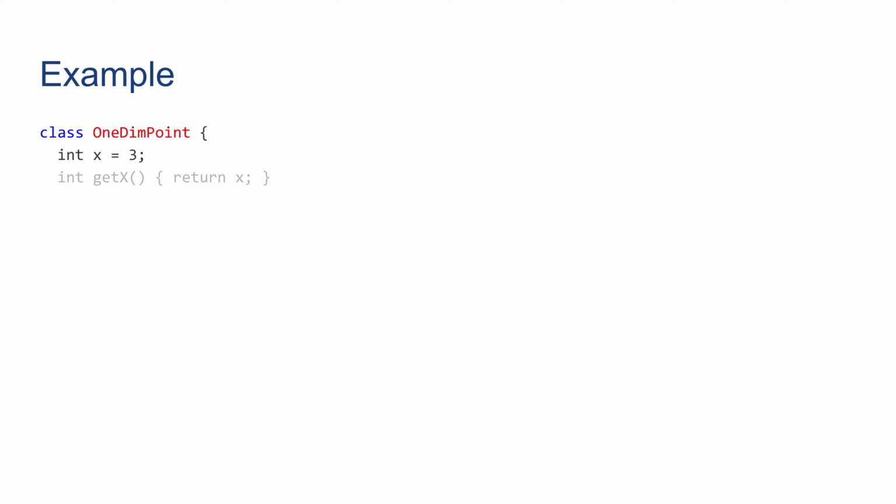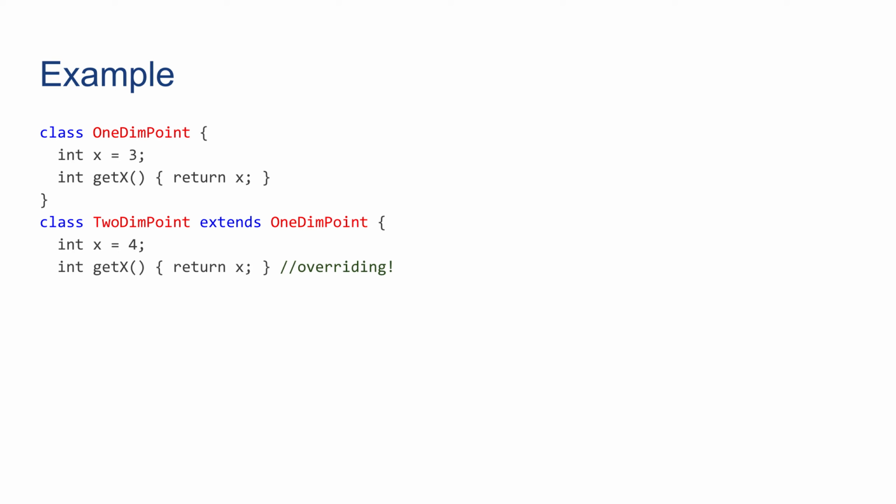Here's an example. We have a class 1 dim point that has a method integer getX and will return x, current x. And we also have a 2 dim point that extends 1 dim point. Here we have a method called getX, same name, same signature, same return type, which will also return x.